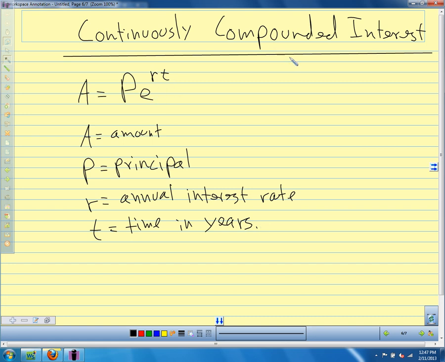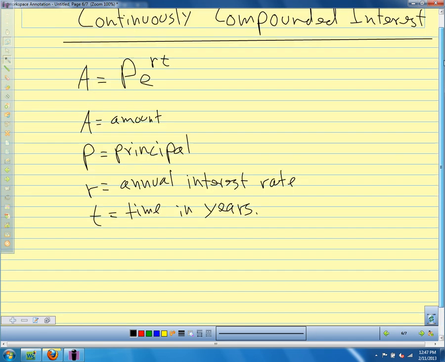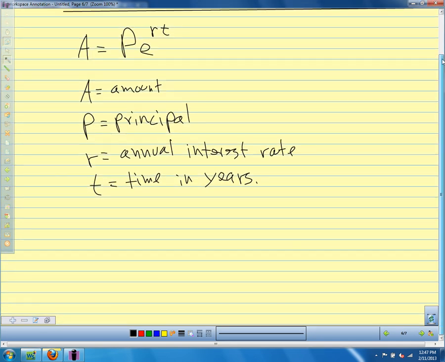And this is our continuously compounded interest formula. And if we use the same numbers that we did before and compound our interest continuously, I would have A equals 5,000 times e to the 0.06 times 10.